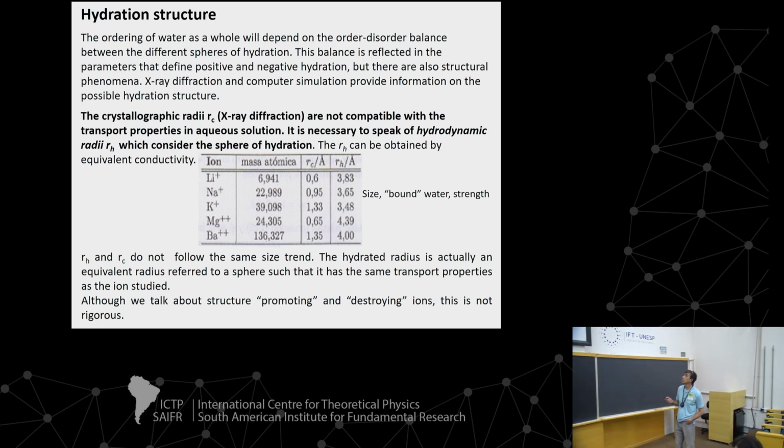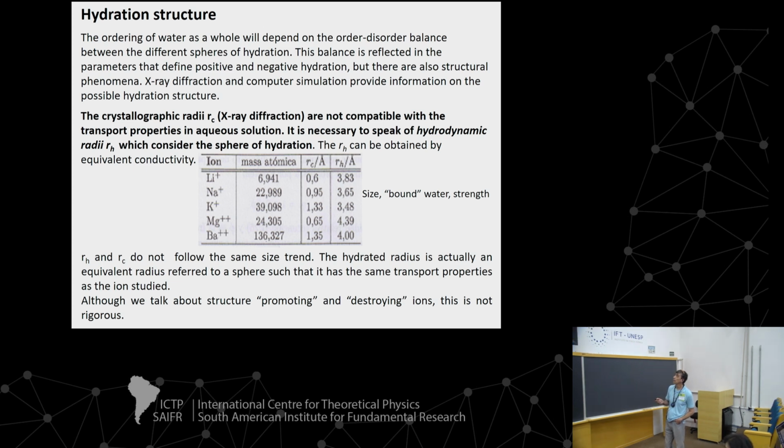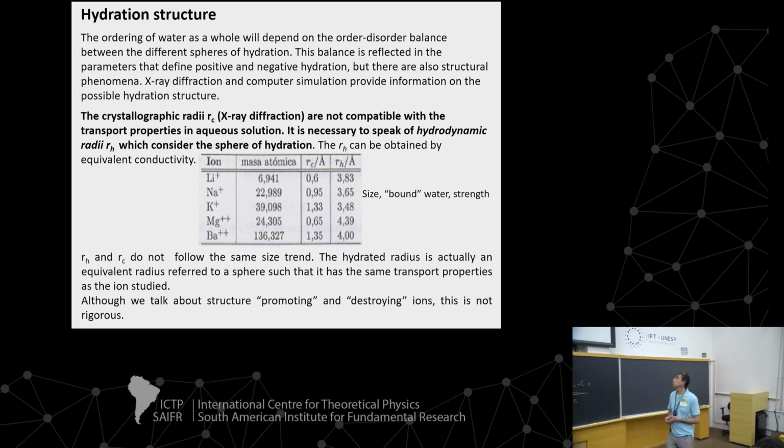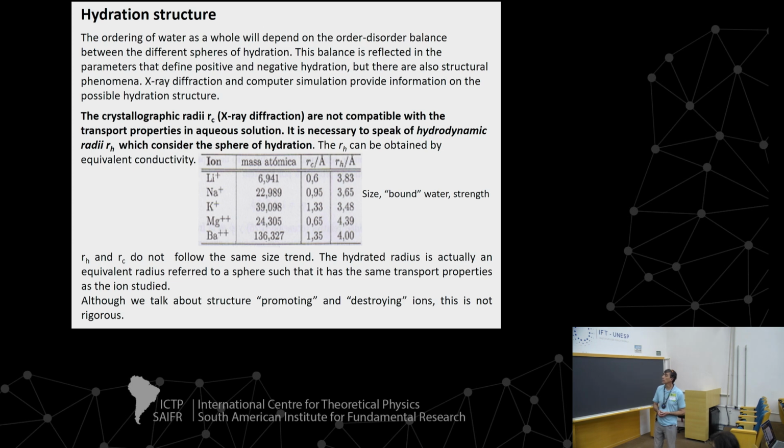And in this sense, this does not change much in this series, but again, when you move from lithium to sodium or to potassium, this radius shrinks a bit, because these water molecules are going to be less tightly bound to the ion, and they are going to interchange more quickly with the bulk.